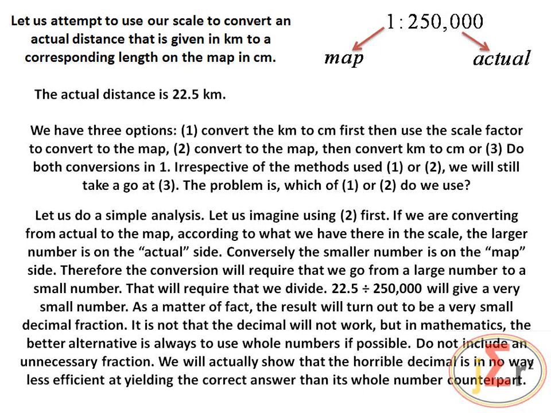So we are taking a look at the option of converting from actual to the map first. And what do we know? That if we do that, we stand the chance of ending up with a very small decimal fraction, which, as we said before, will not cause the answer to be different or wrong, or cause it to be less efficiently arrived at.